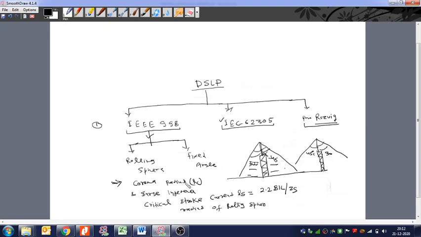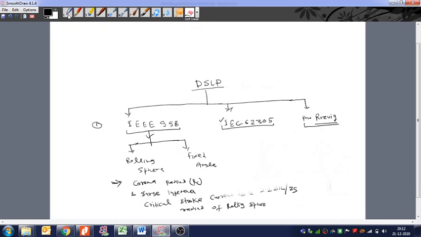Now let us discuss the IEC 62305. What is their approach for the lightning calculations? So in the IEC 62305, for the lightning protections, we take up as input the thunderstorm days per year and the lightning density of that location.